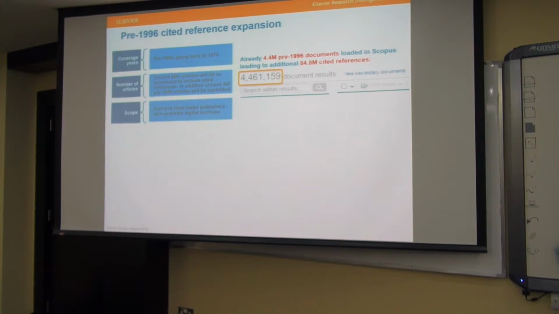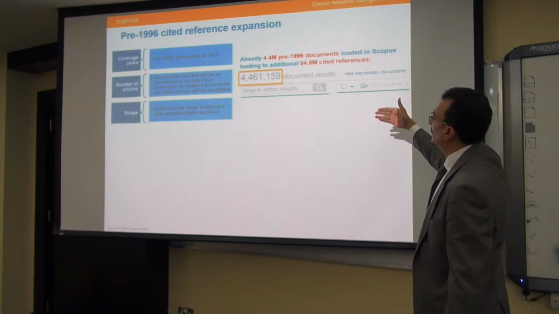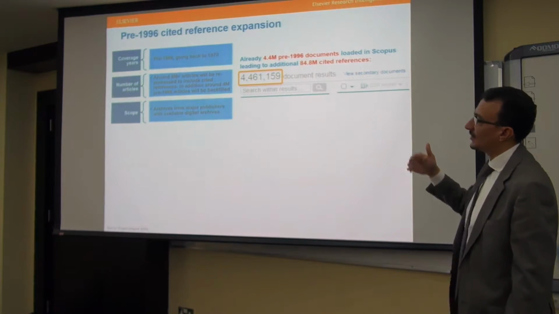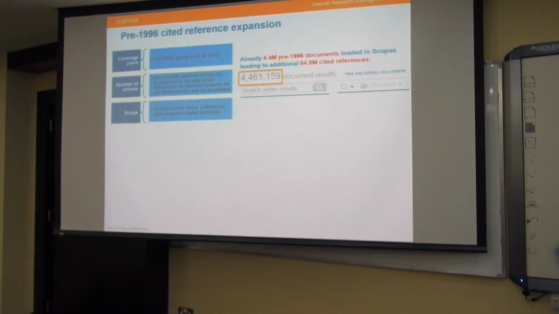We are doing a project right now to go back with the citations before 1996. Right now we have the information, some articles from the 1800s, but the citations only go back to 1996.